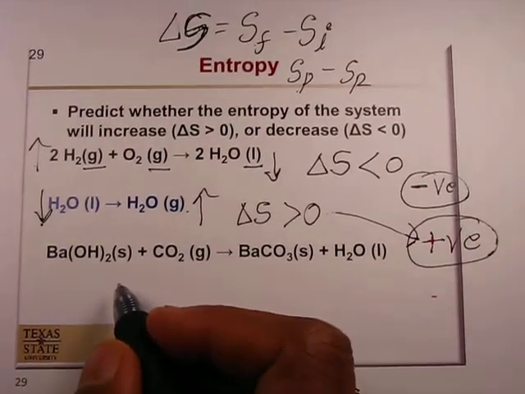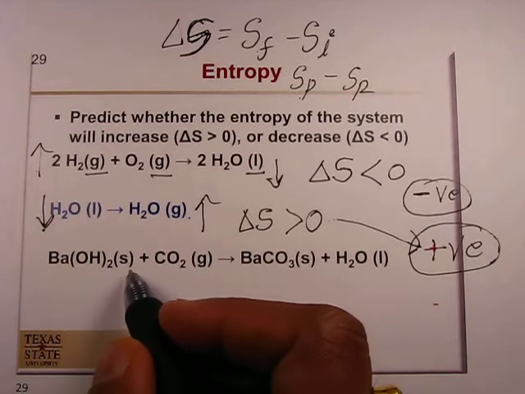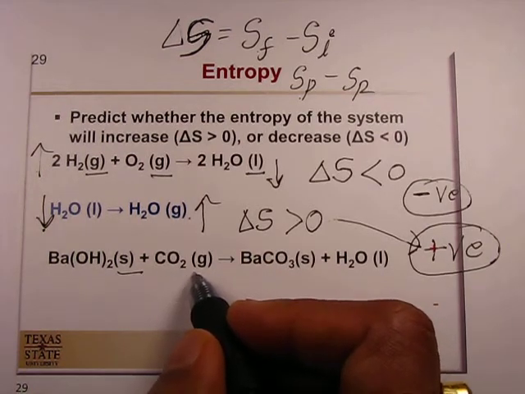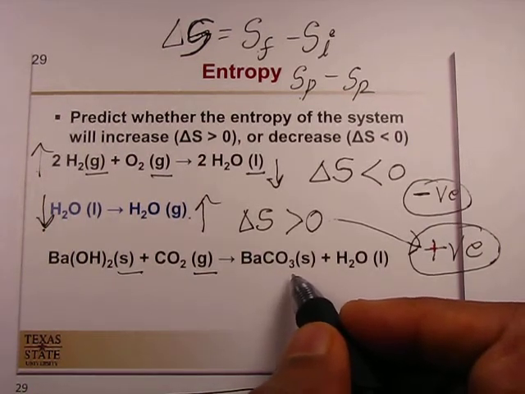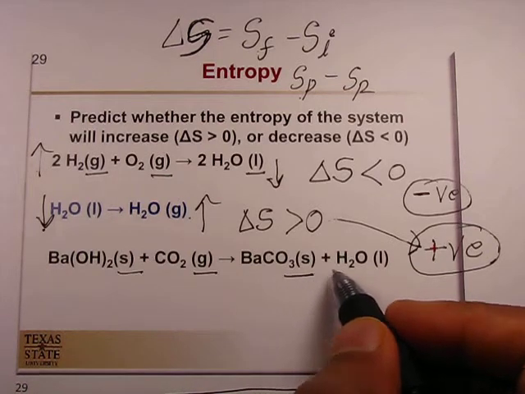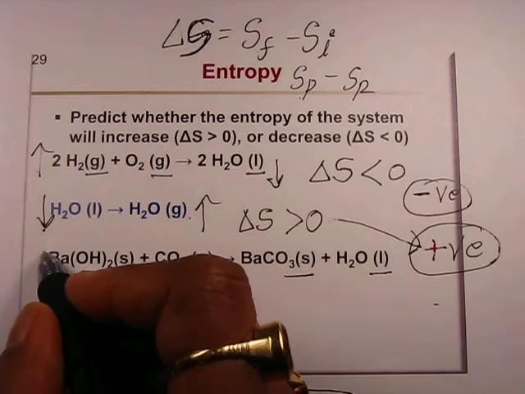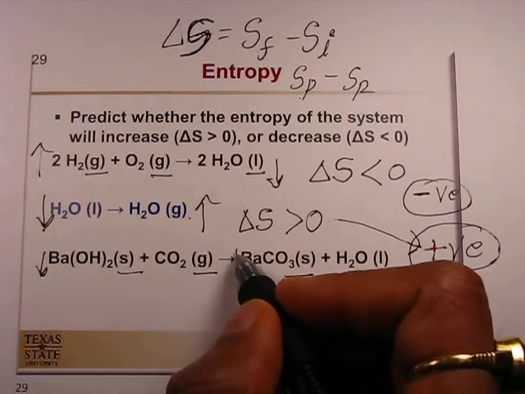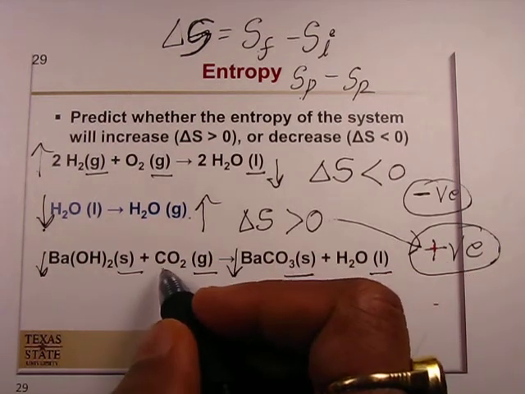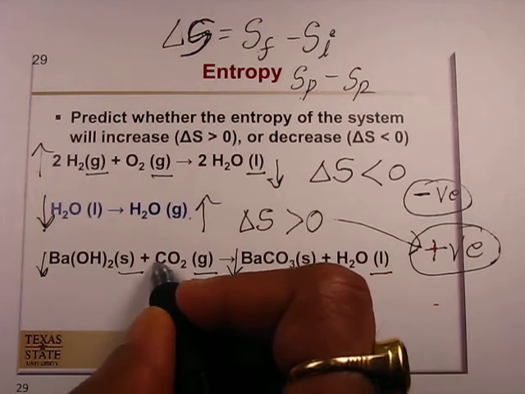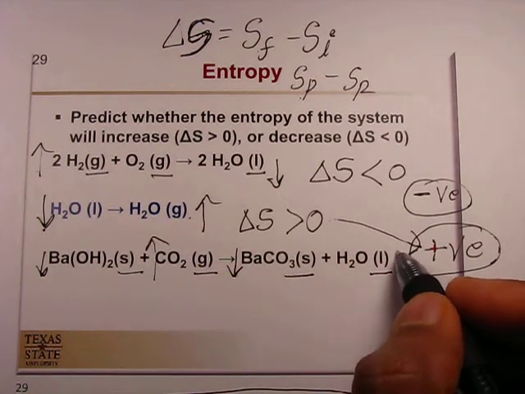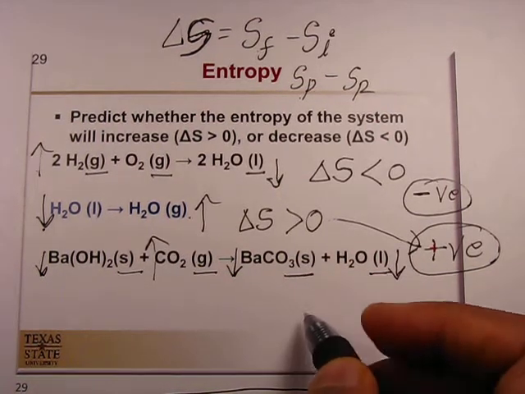What will happen in the third condition? Barium hydroxide solid reacts with carbon dioxide gas, giving barium carbonate solid and liquid water. Solid has very low entropy, barium carbonate also has low entropy, carbon dioxide gas has higher entropy, and liquid also has less entropy.